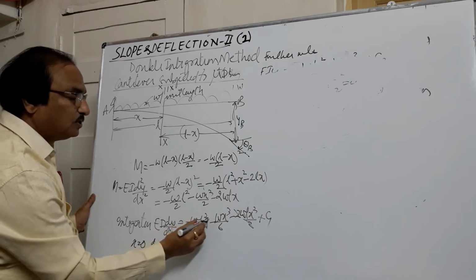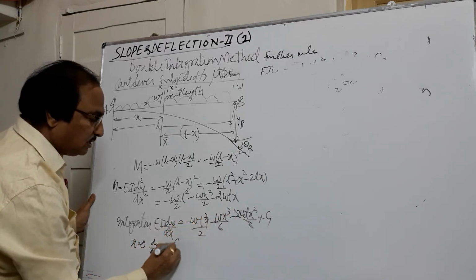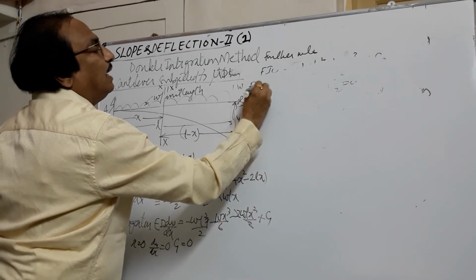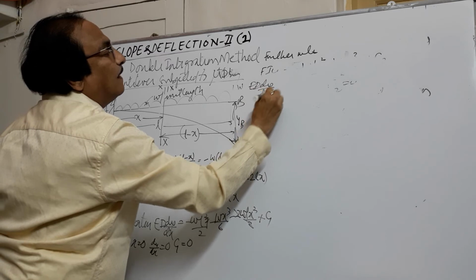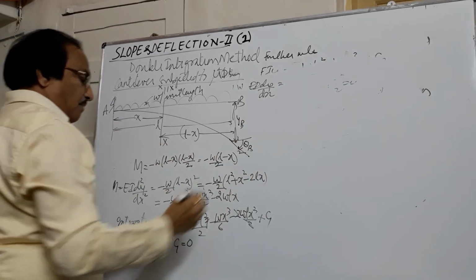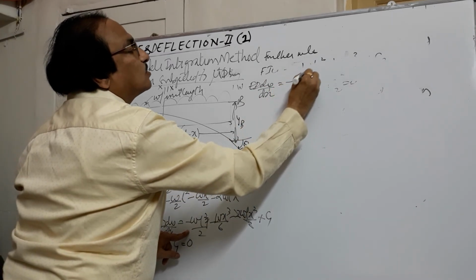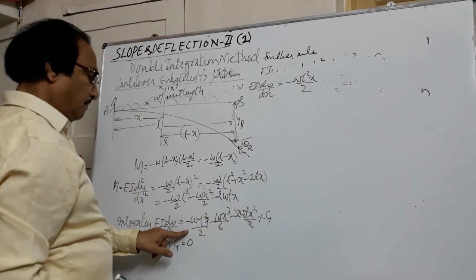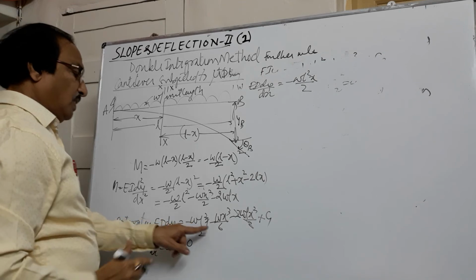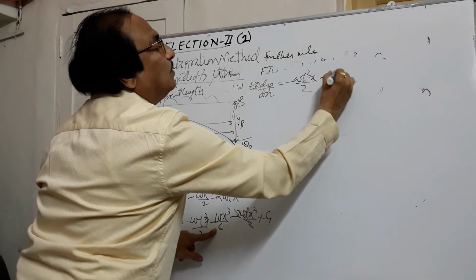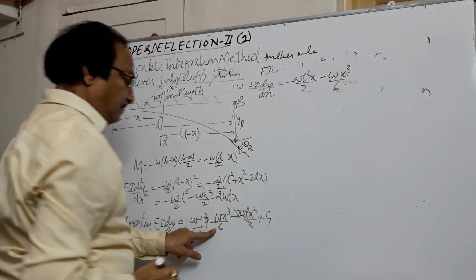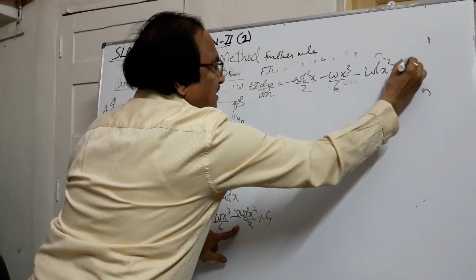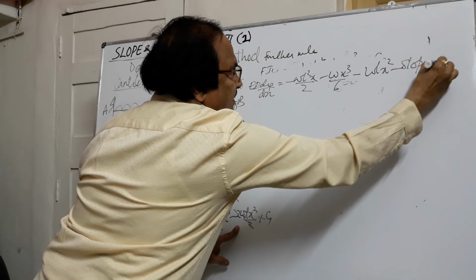If I substitute 0, C1 will be equal to 0. So EI dy by dx is equal to minus WL squared x by 2 minus Wx cube by 6 minus WLx square. This is known as the slope equation.